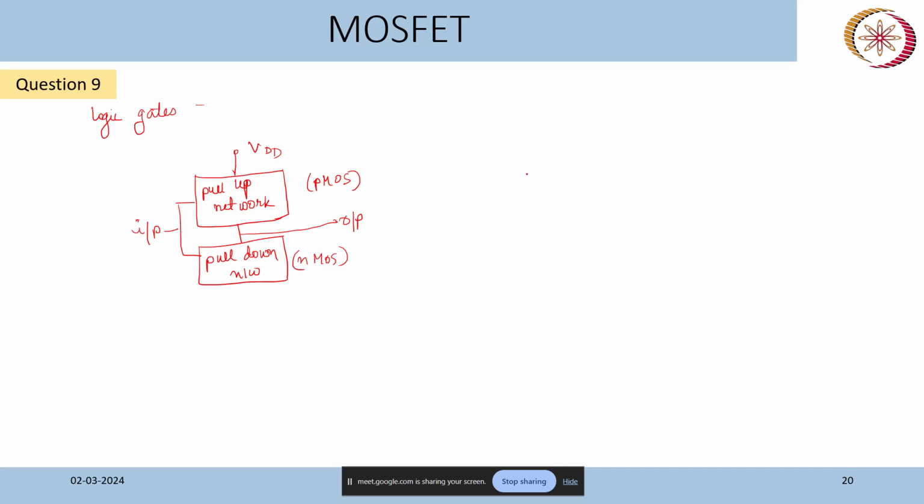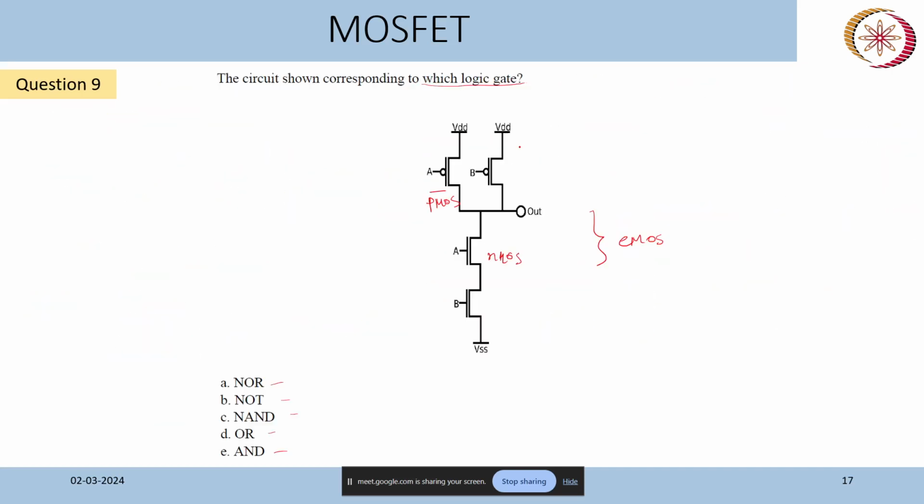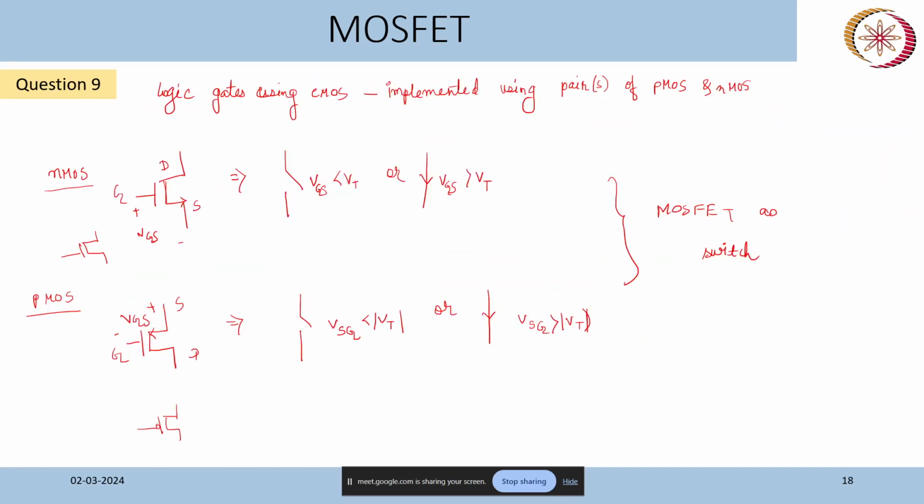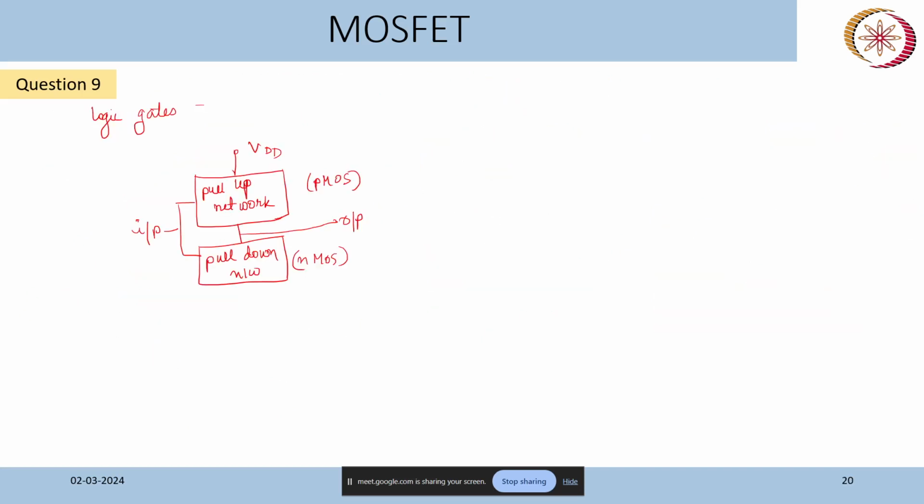Now the gate that is given in the question, let me see. Okay, so how it is given here, VDD and the pull up network.